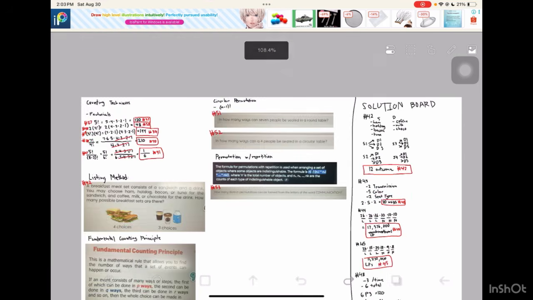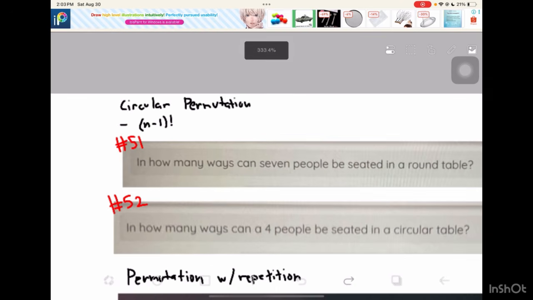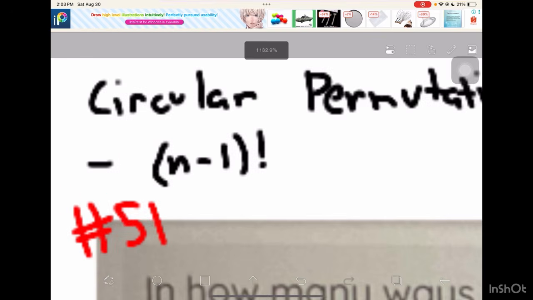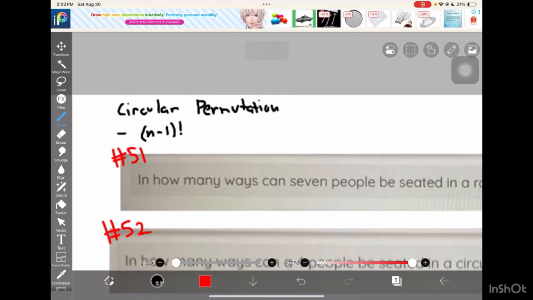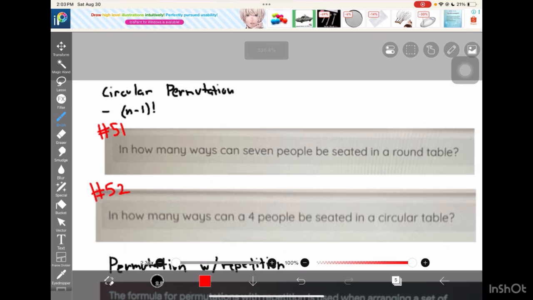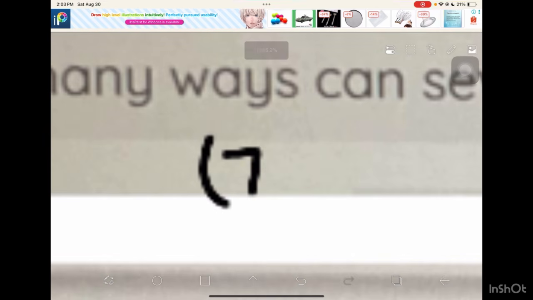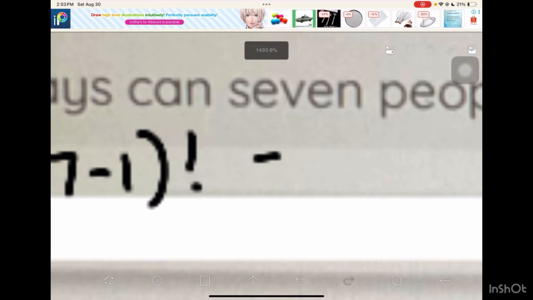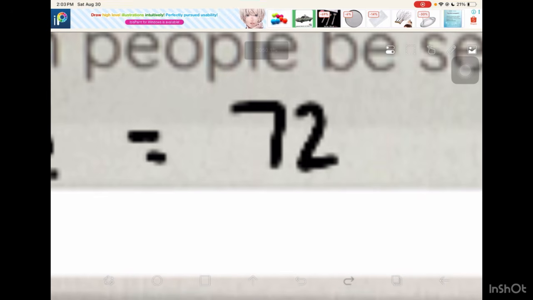Okay, next one. Number 51. How many circular permutations? The circular permutation formula is just n minus 1 factorial, where n is the amount of subjects. So how many ways can 7 people be seated in a round table? That's just going to be 7 minus 1 factorial, which is 6 factorial, and that's equal to 720 ways.